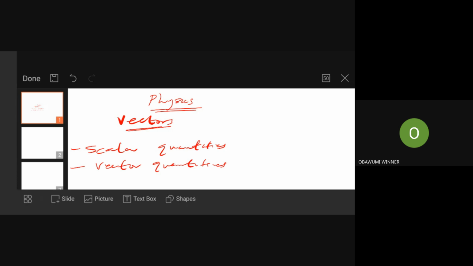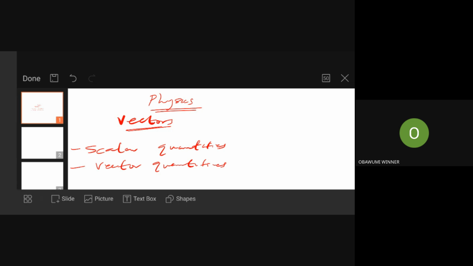Now, what are scalar quantities? Scalar quantities are simply quantities that have only magnitude without direction. So they don't have any direction. And when we say magnitude, we mean they have numerical values, they have size, all right? But they don't have any reference to direction.